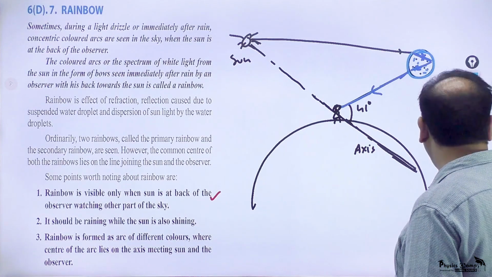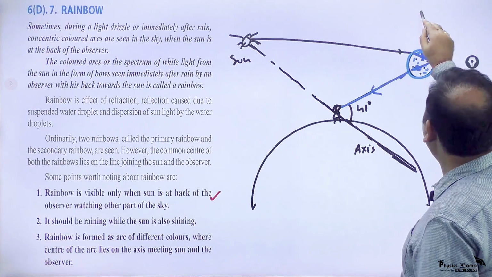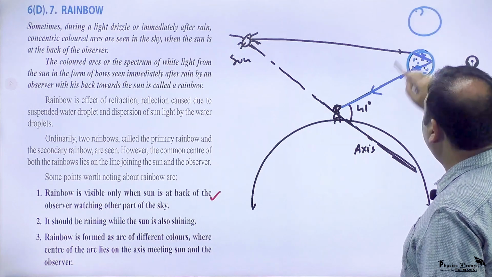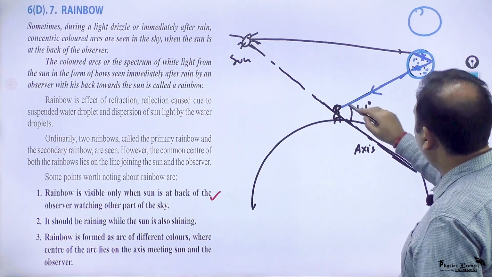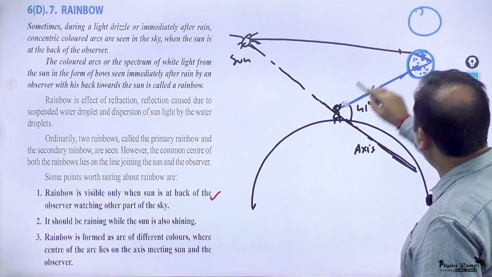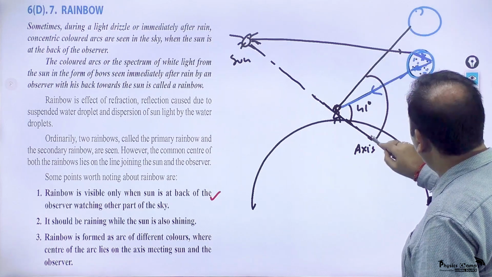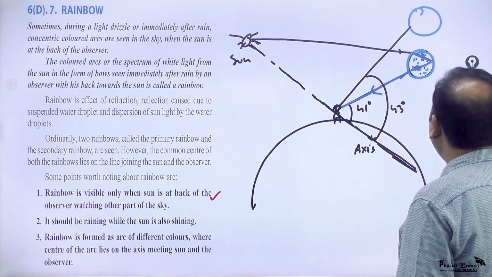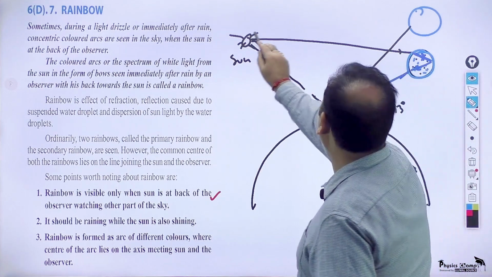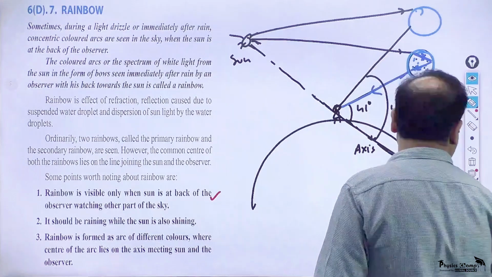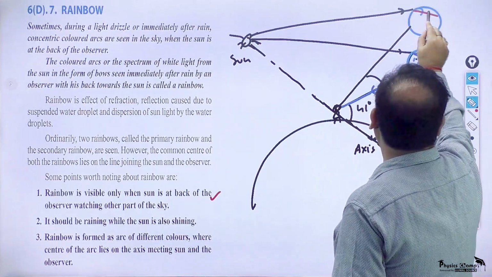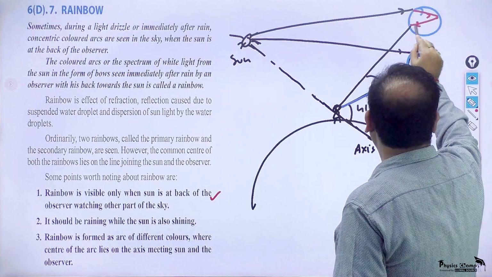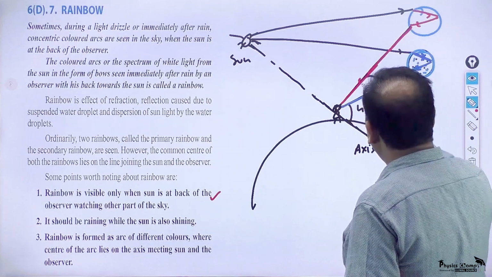Similarly, if you talk of some water droplets at an angle, say, 43 degree on this axis, the sunlight would fall on these water droplets and after final refraction, it is a red light which is reaching you.